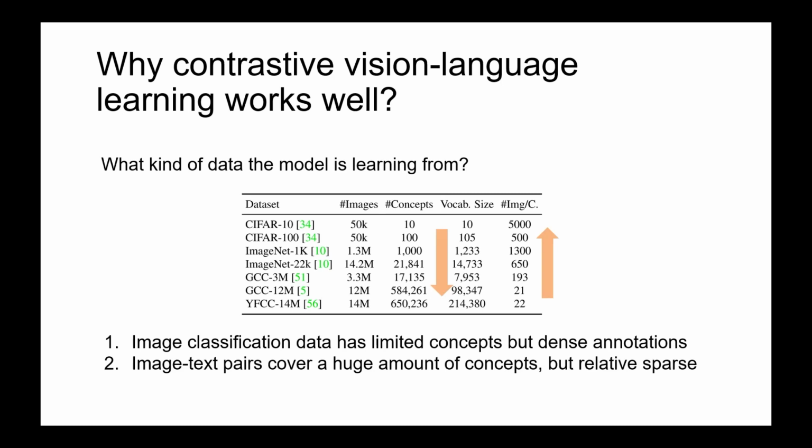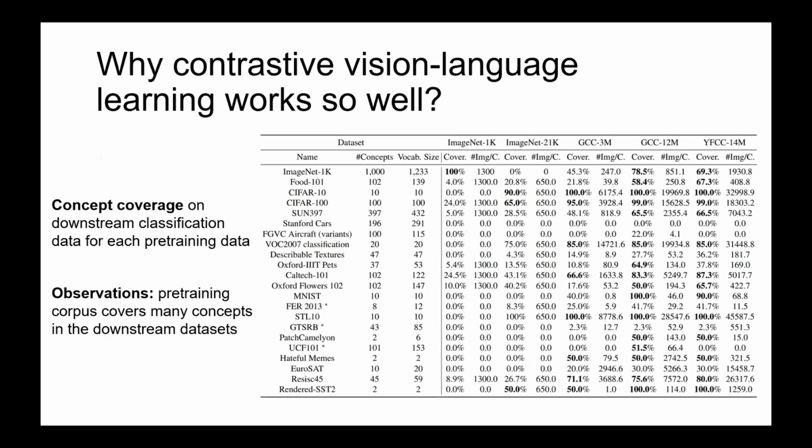That is why we observe that these two types of data can be complementary to each other in terms of their concept coverage and density. Finally, we also did another analysis between the pre-training data and the downstream data, because we always evaluate on some downstream data. We computed the concept coverage between the pre-training data with image-text pairs and each of the downstream datasets.